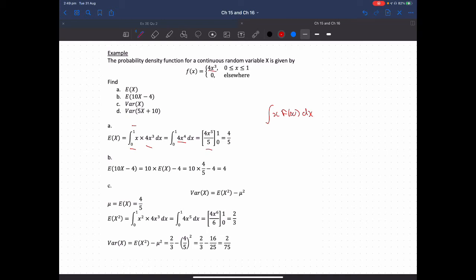Substituting in the 1, we get 4 times 1 to the 5 on 5, minus substituting in 0, we get 4 times 0 to the 5 on 5, which will be 4/5 minus 0, which is 4/5.